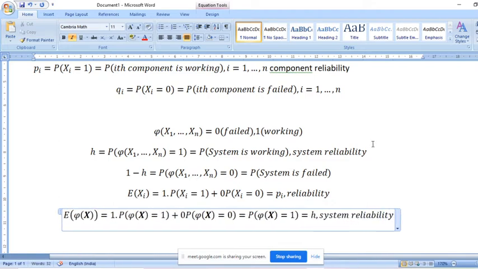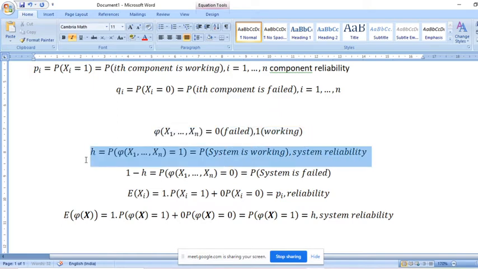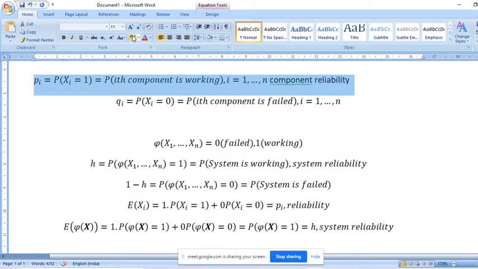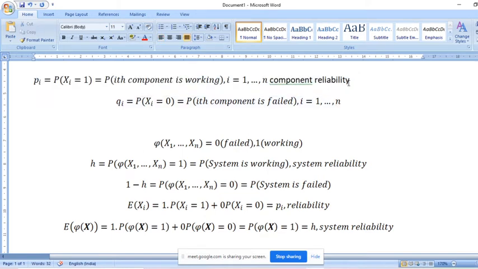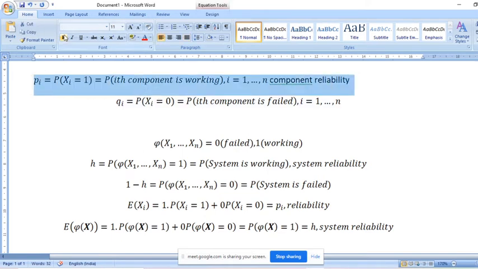Okay, so we have obtained two things. One is component reliability.